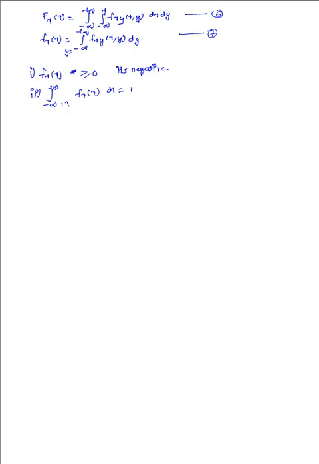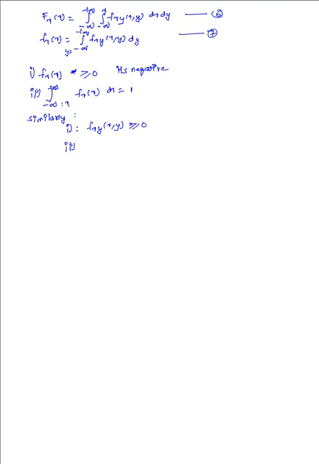So similarly, we can obtain the properties for joint probability density functions also. Analogously, the first property is the joint probability density function f_XY of x comma y is always greater than or equal to 0.